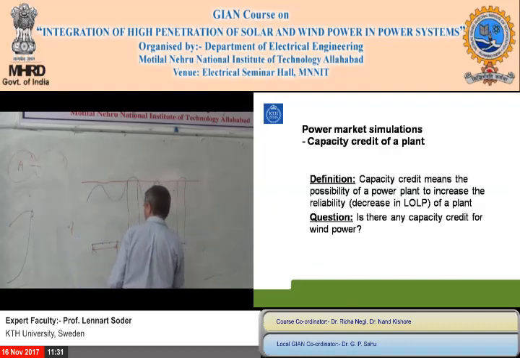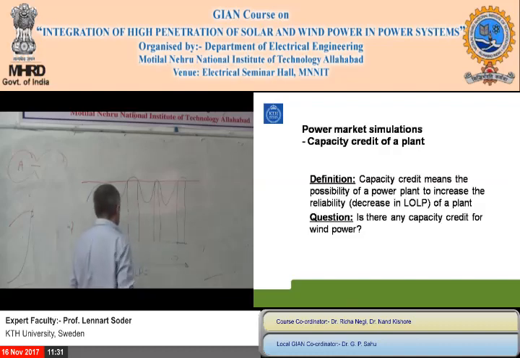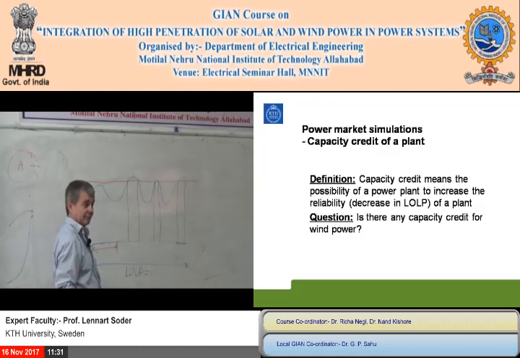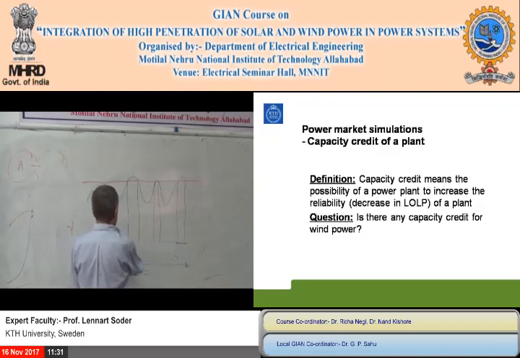And this, the whole. This means in this case that the LOLP is equal to, what is it? This is 30% around. Because this is 1/3 of the time.